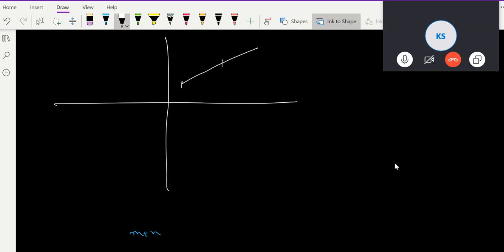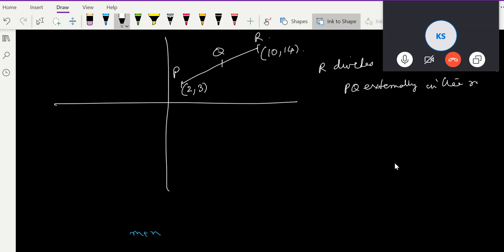So P, Q, and R, and you are told that R is the external divider of PQ, and you are given P as 2 and 3, and you are given R as 10 and 14, and you are told that R divides PQ externally in the ratio of 2 is to 1.